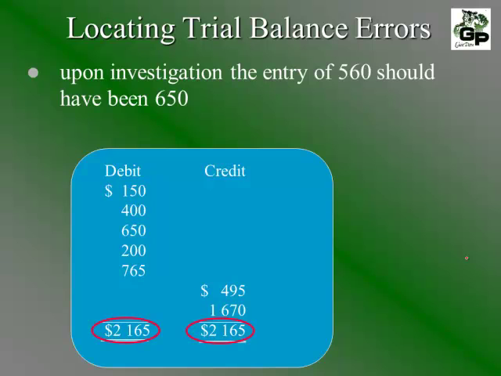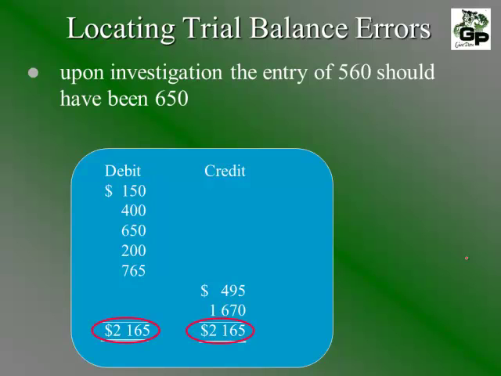It doesn't make sense that we would transpose the 40 to 04. We could have flipped the 65 to be a 56, or it doesn't make sense to have the 02 replace the 20 in the number of 200. Or we could have flipped the 7 and the 6, or the 6 and the 5.